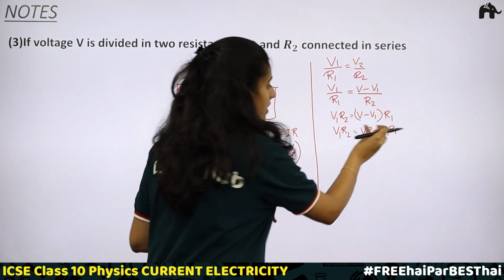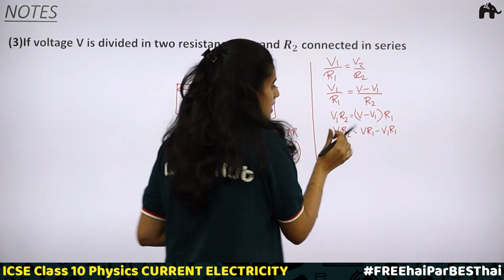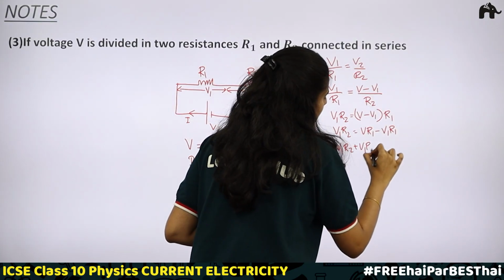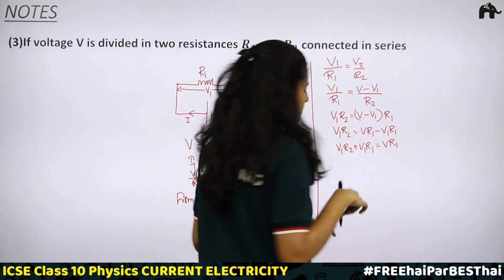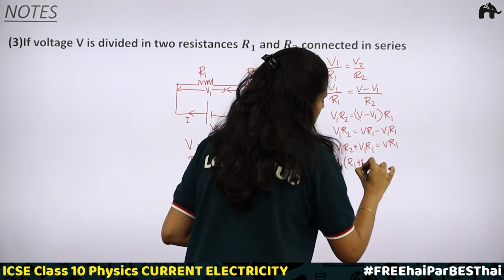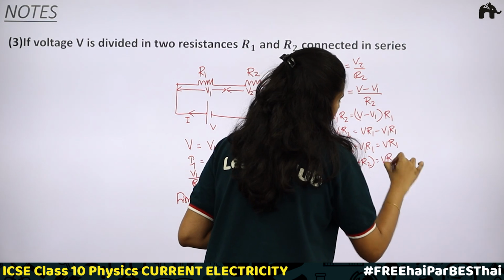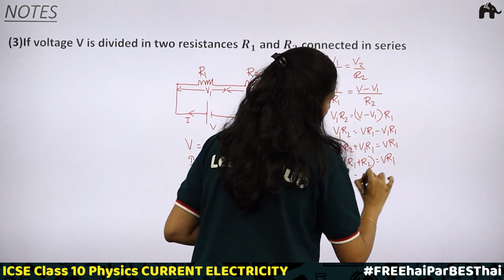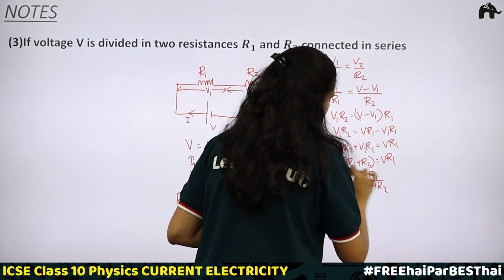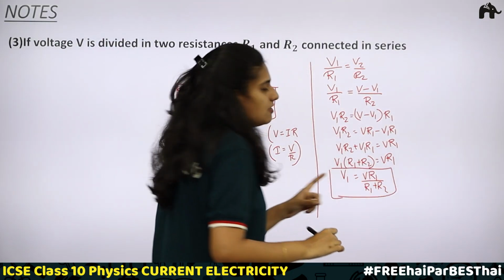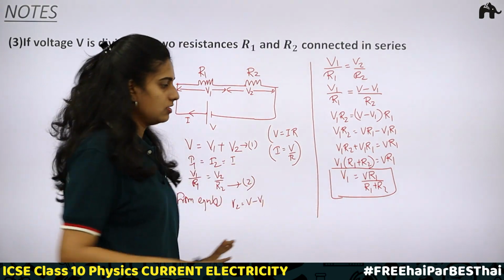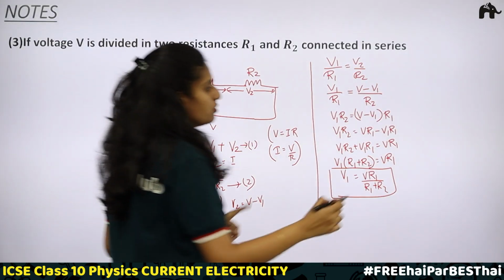Taking V1 containing terms to the same side because we need to find the V1 value, V1 R2 plus V1 R1 is equal to V R1. V1 is common: V1 into R1 plus R2 is equal to V R1, and then V1 is equal to V R1 divided by R1 plus R2. So this is how you can find the voltage across the first resistor V1, V R1 divided by R1 plus R2, the sum of the resistors. Now to find V2.